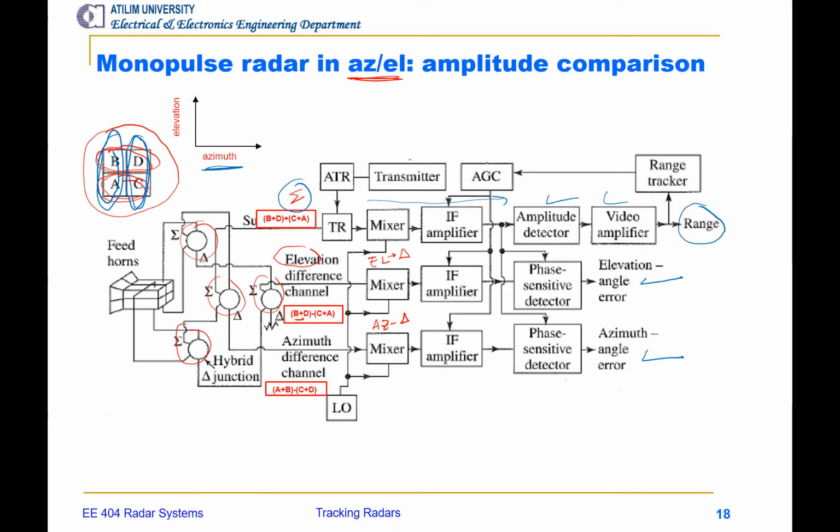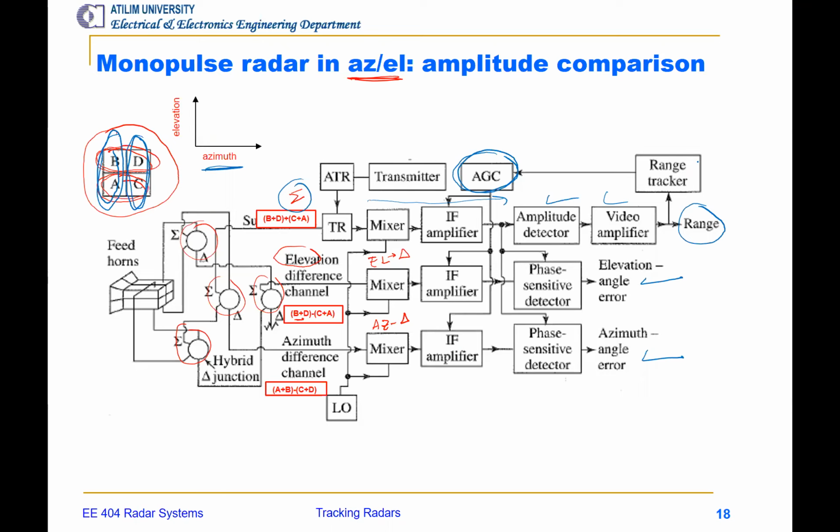Okay? And note that we got an automatic gain controller right here, which is used to tune the signal power according to the range of the target.